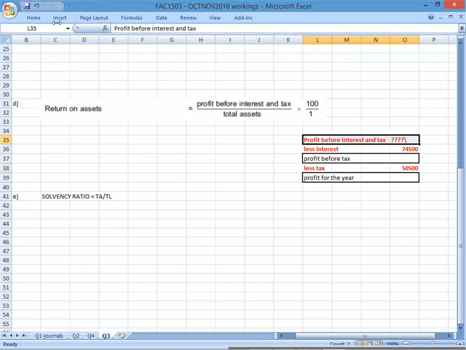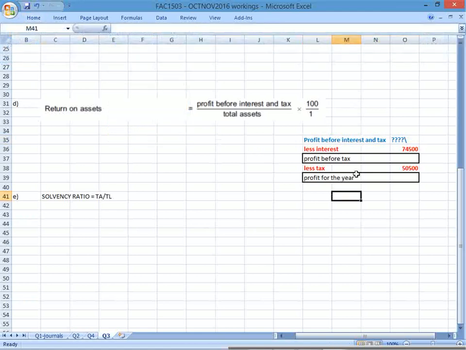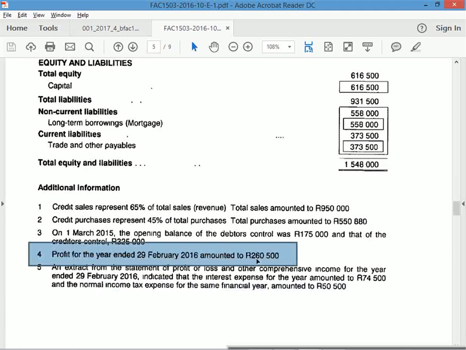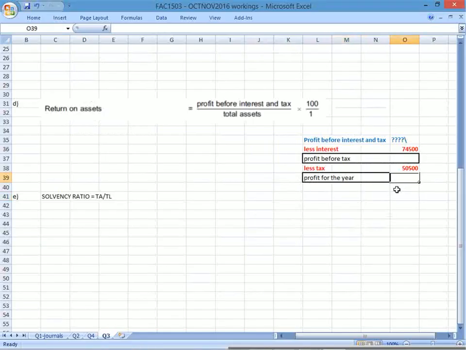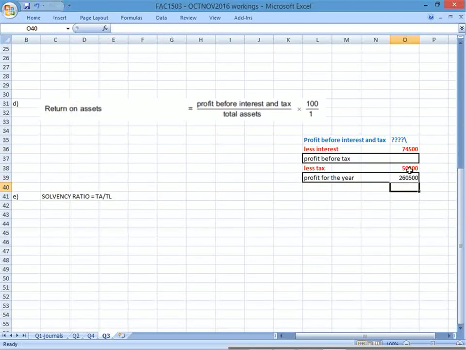Okay, and I'm trying to work out my profit before tax. Okay, do I have the profit for the year? Yes, I do. There's it. 260,500. That was the profit for the year. Okay, so I want to know what this is, and I want to know what that is. Okay, so profit before tax is after you've subtracted the tax, right? So if that's the answer, how do I get back to the profit before tax?